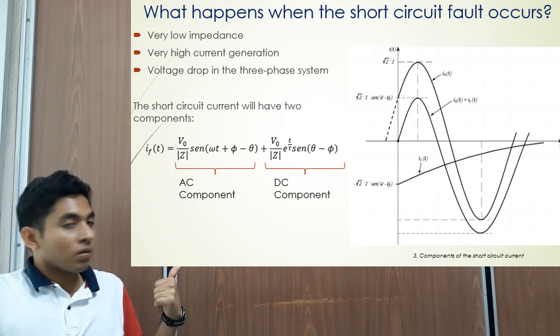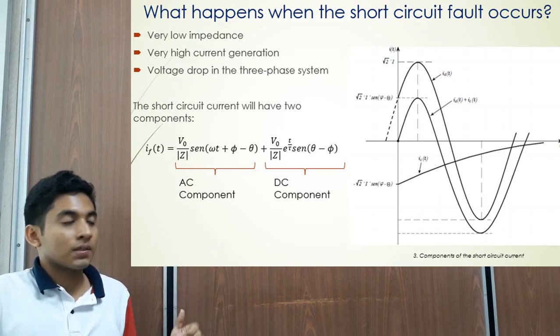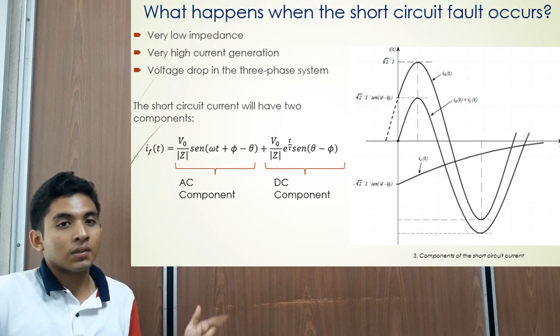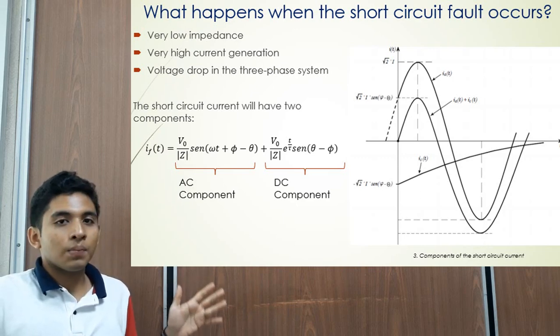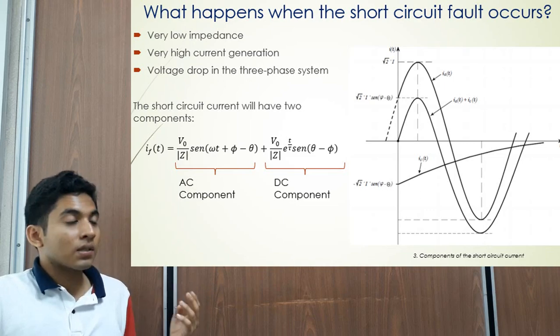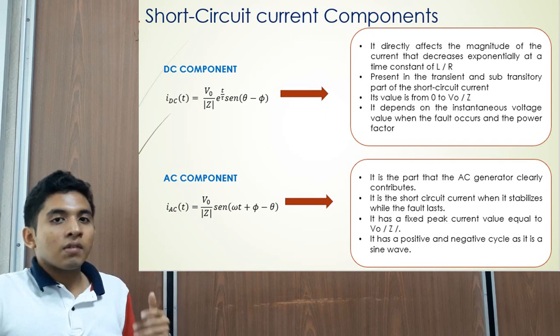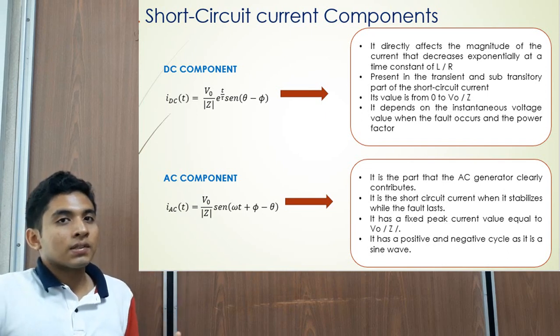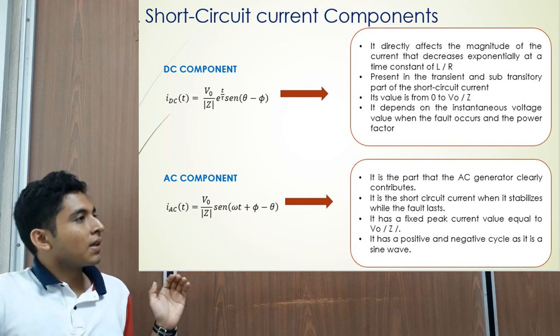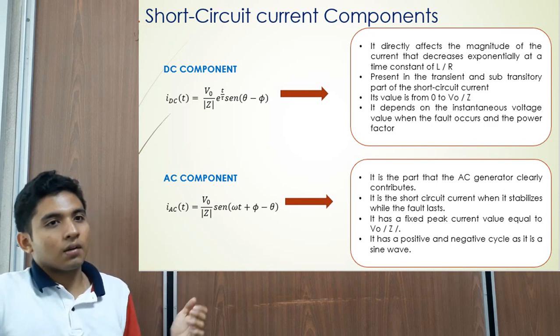In the short circuit current, we have two main components: AC component and DC component. The AC component depends only on the sinusoidal function, and the DC component depends on the exponential function. The DC component directly affects the magnitude of the current, and it decreases exponentially with time constant tau.